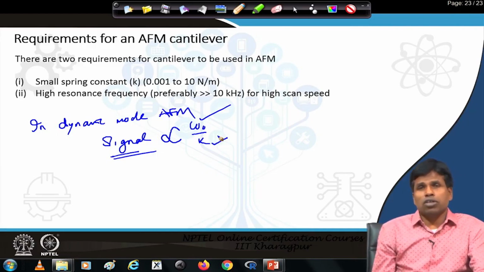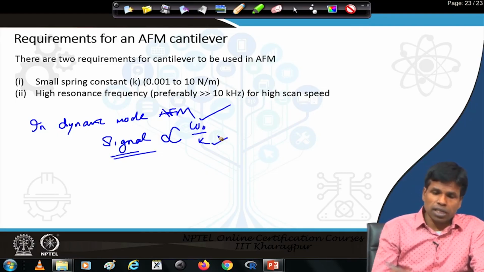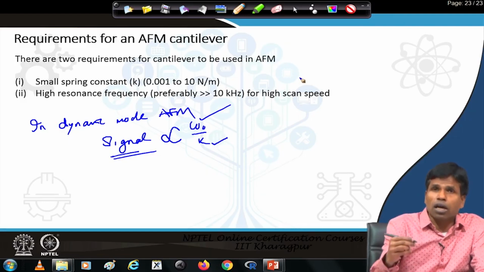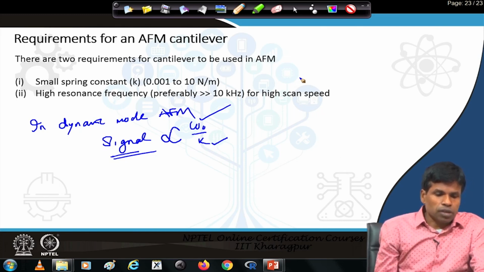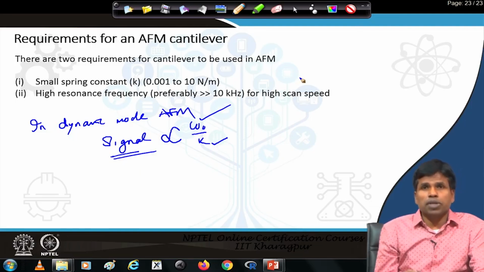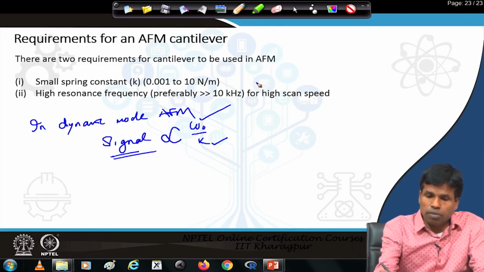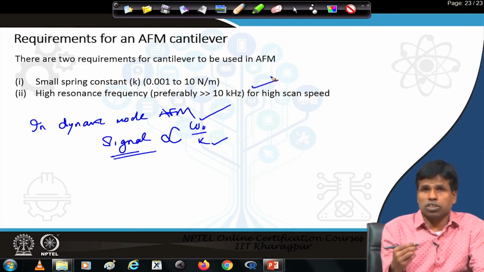And if you remember, another advantage of having a high resonant frequency of the cantilever is that it can become immune to external vibration. If we have a higher resonant frequency of the cantilever or the system, then it will be immune to external vibration.